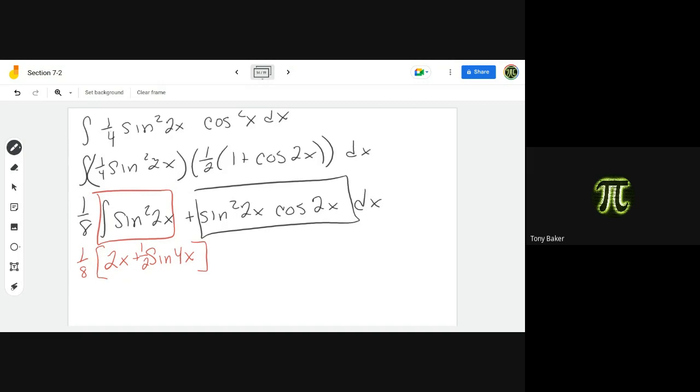All right, so we've got the integral of sine squared 2x cosine 2x.